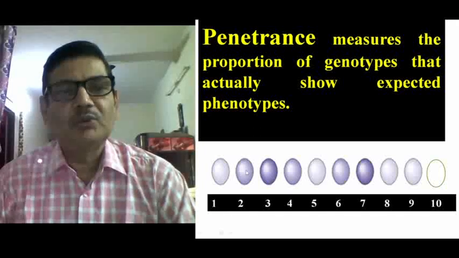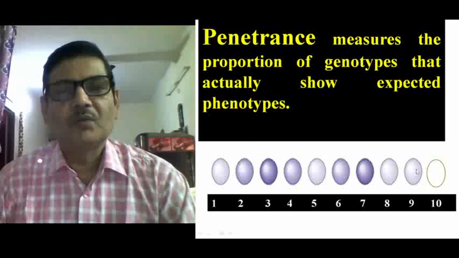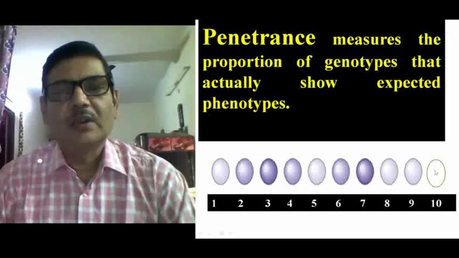whereas individuals 2, 4 and 6 show a little less appearance of this trait, and individuals 1, 5, 8 and 9 show very little appearance of the trait, whereas the 10th one does not show the color at all.